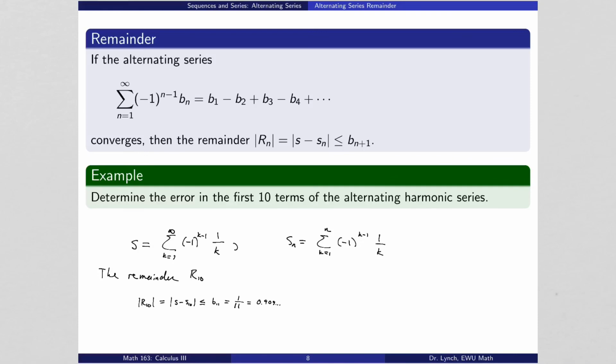And in this case, that remainder bound, b sub 11, is 1 over 11, so 0.0909 and so on. Alternatively, and there are a few homework problems that do this too, you could specify a specific error and then try to figure out how many terms it takes until you achieve that error.